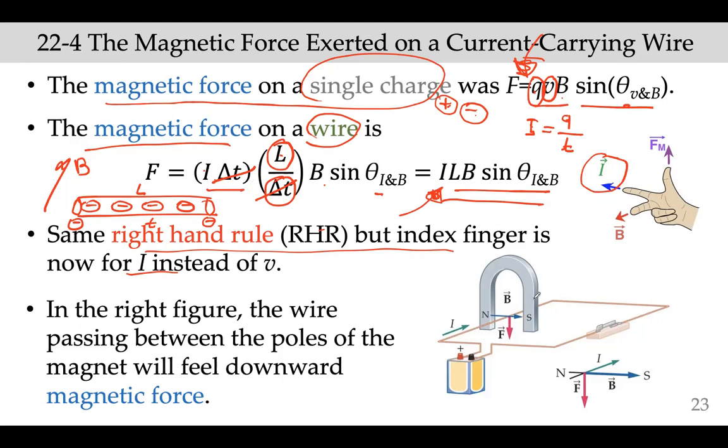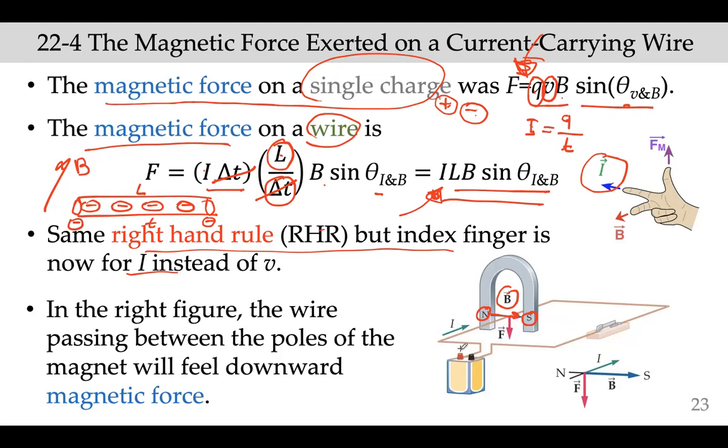And let's say it's set up like this, so there's a bar magnet here. This is the north pole, this is the south pole. So that means the magnetic field is in this direction here. And now there's a battery here, so there will be some current, and the switch is closed.